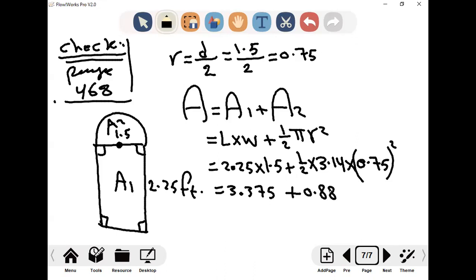I rounded it to the nearest hundredth. Add it to 3.375, add it to 0.88, it will be 4.26. Round it to the nearest hundredth, 4.26. What's the unit? Feet squared.